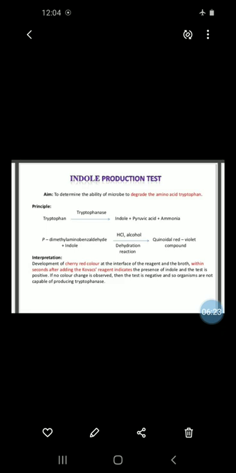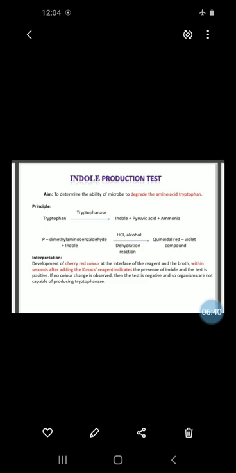Then we will see the interpretation. The development of a cherry red color at the interface of the reagent and the broth within seconds after adding the Kovac's reagent indicates the presence of indole, and the test is positive.